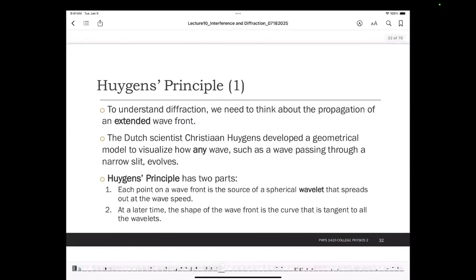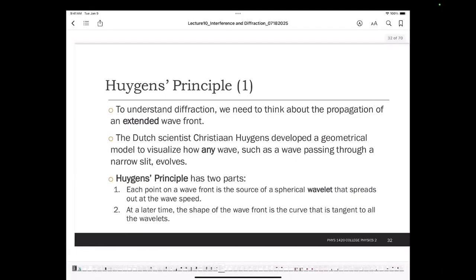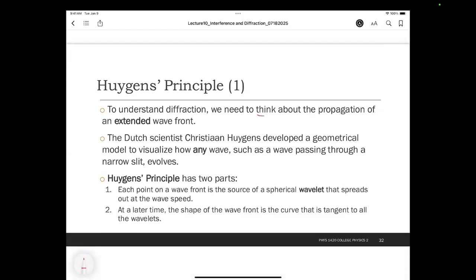To understand this kind of diffraction, we need to think about the propagation of an extended wavefront. The Dutch scientist Christiaan Huygens developed a geometrical model to visualize how any wave, such as a wave passing through a narrow slit, evolves.